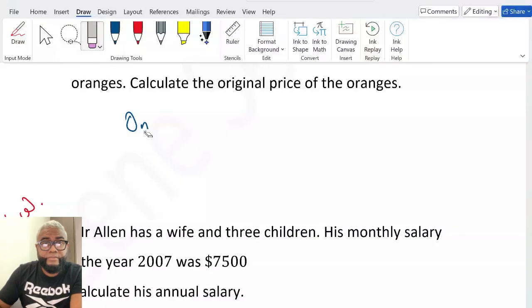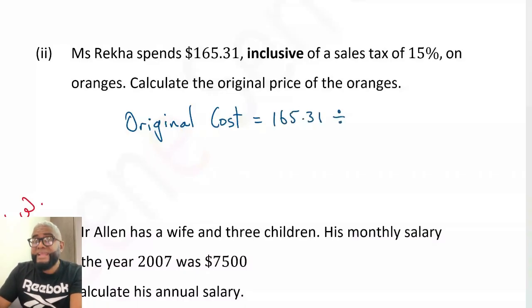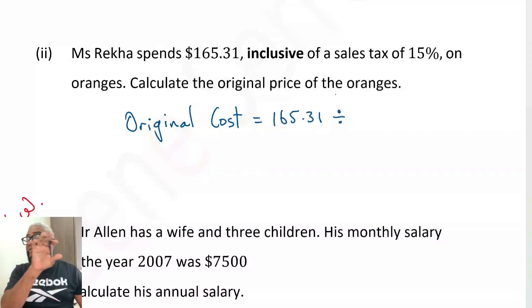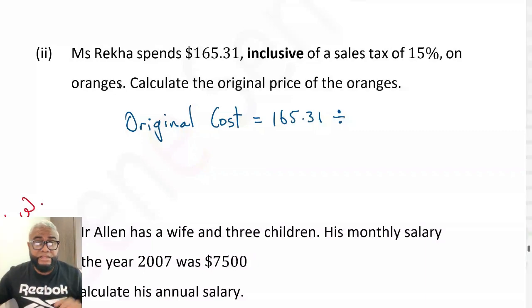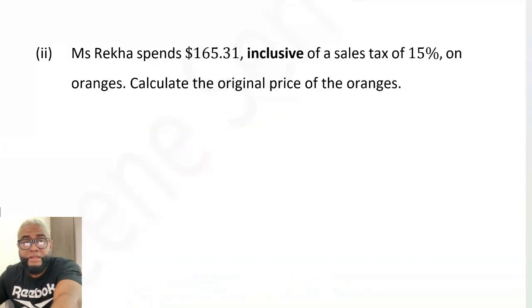Original cost will be equal to 165.31 divided by the total percent, which includes the 15. So the original price would have been 100% plus the 15%.